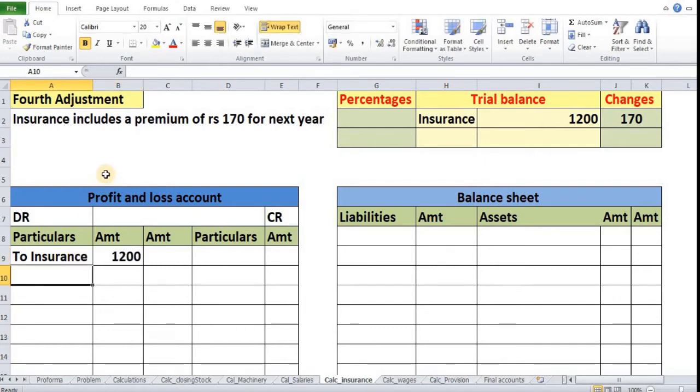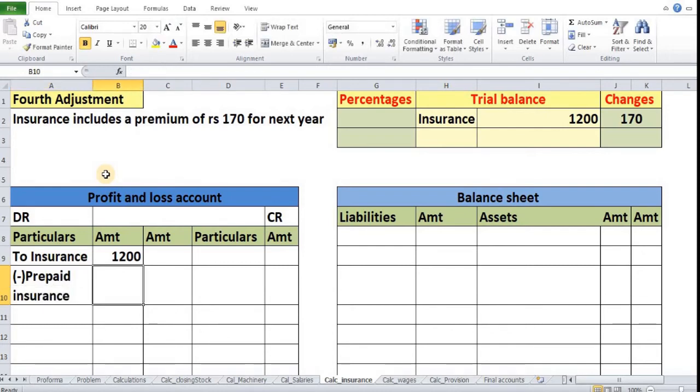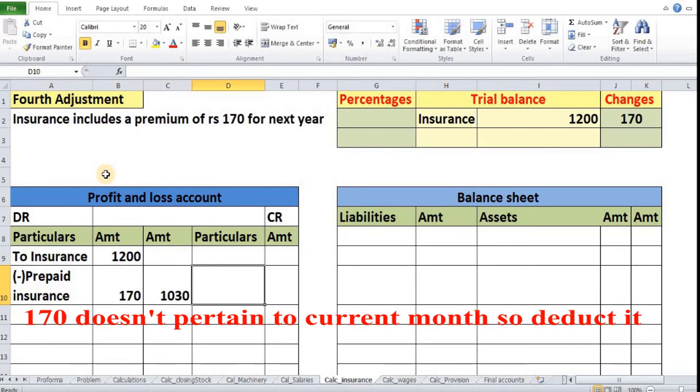Below insurance in the same column we will mention prepaid insurance with a minus sign and deduct the prepaid insurance amount from the insurance amount, that is 170. Now we will deduct 170 from 1,200, which comes to 1,030.